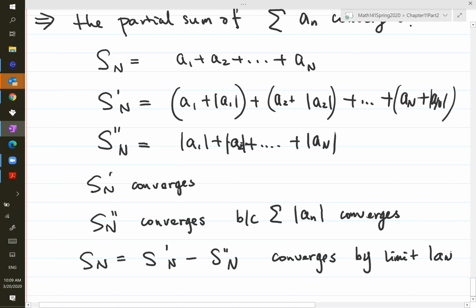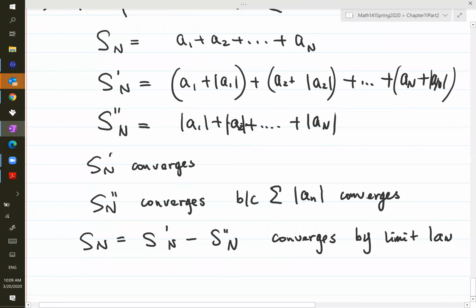Okay, the limit of a difference is the difference of two limits. Okay, so they converge. So this actually shows that the partial sum converges. So this means the partial sum converges, then the series converges. I.e., we showed that converging absolutely implies convergence. Okay.